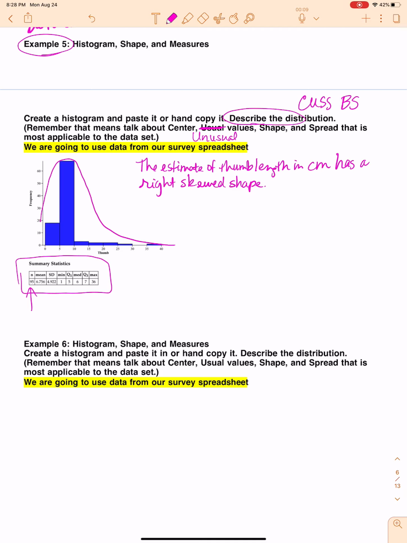The reason I'm reporting shape first is because it has a huge impact on which center we talk about. Now, I want you to notice that the summary statistics give us both a mean and a median. A good way to think about this is if you were to weigh yourself in the United States, you would weigh yourself in pounds.